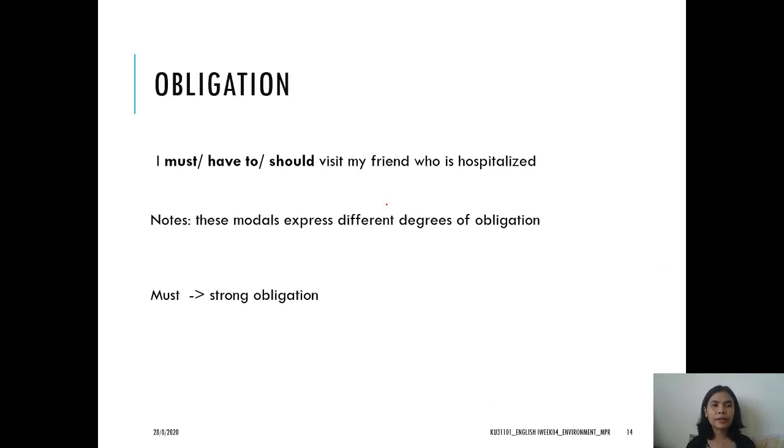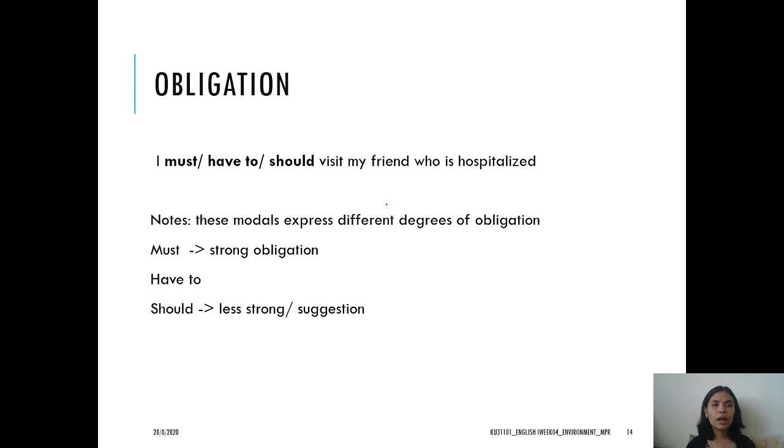Now, to express obligation, there are some expressions. The first one is using "must," the second one is using "have to," and the third one is using "should." For example, you can say, "I must visit my friend who is hospitalized," or "I have to visit my friend who is hospitalized," or "I should visit my friend who is hospitalized."